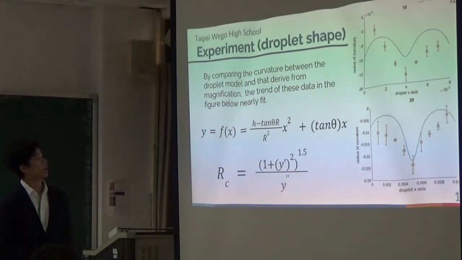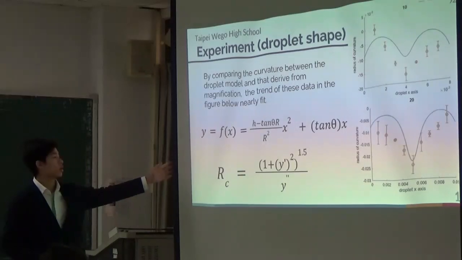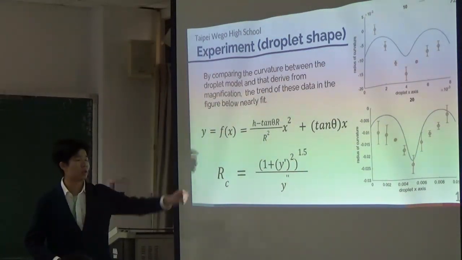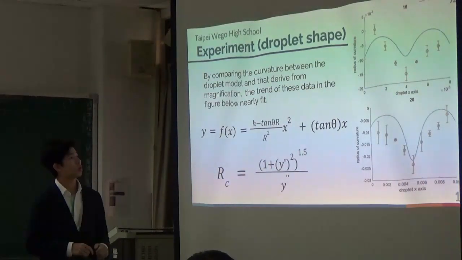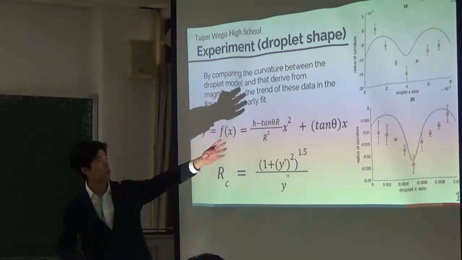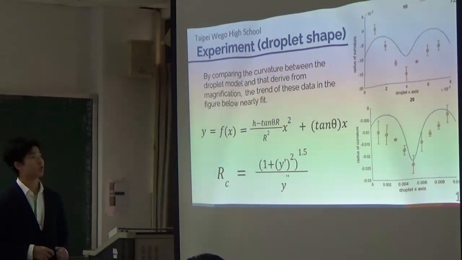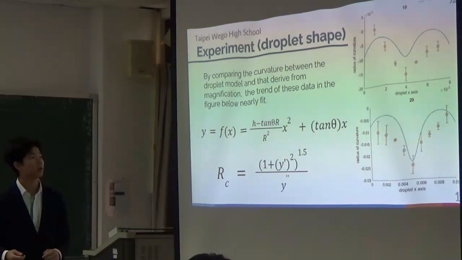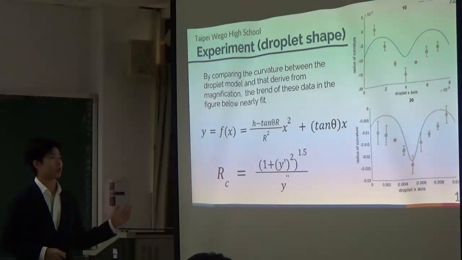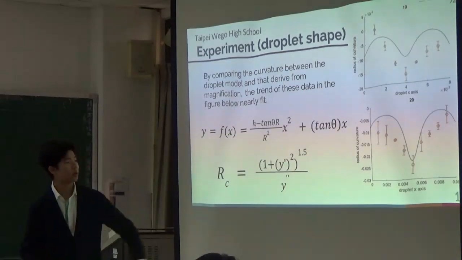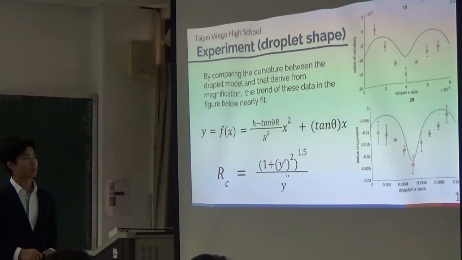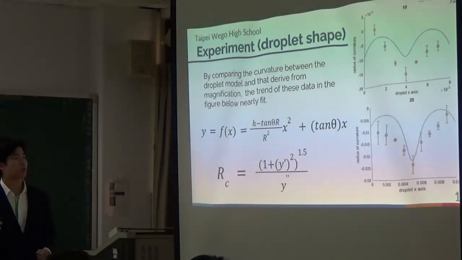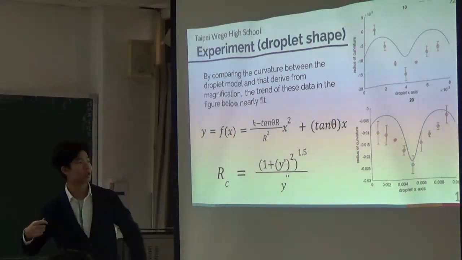By comparing the theory that we got in the previous PowerPoint with our data, we compare the curvature between our data and our theory, and we can see that there is a positive correlation between the theory and the data.